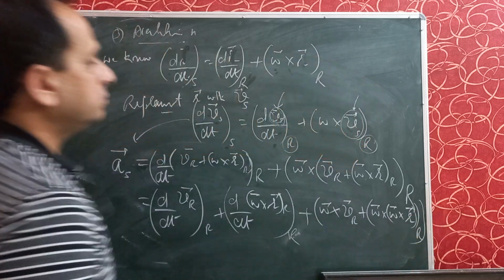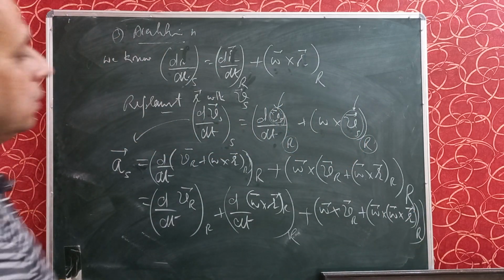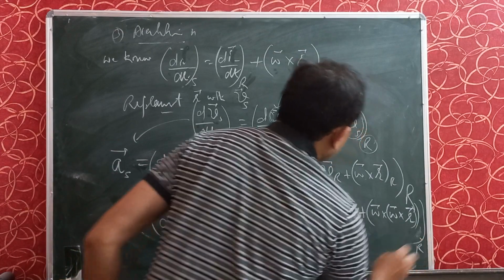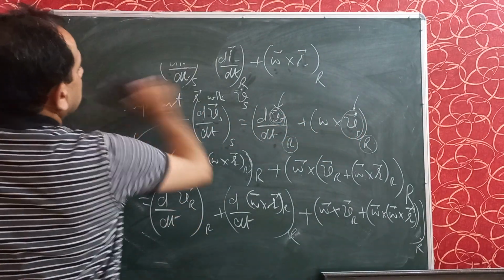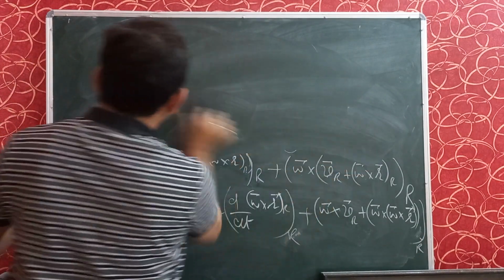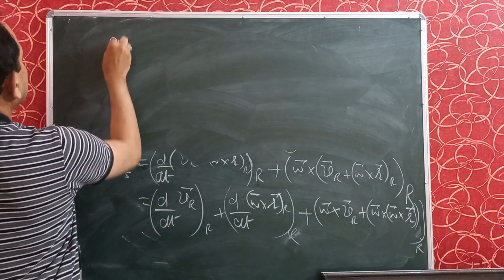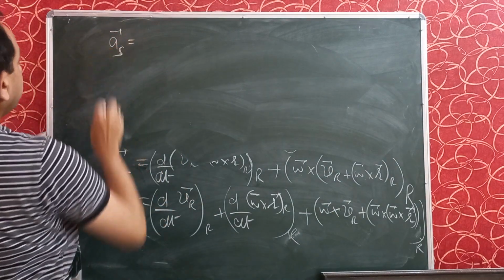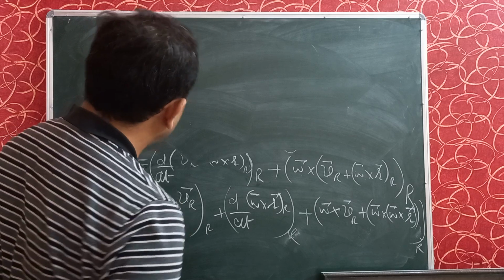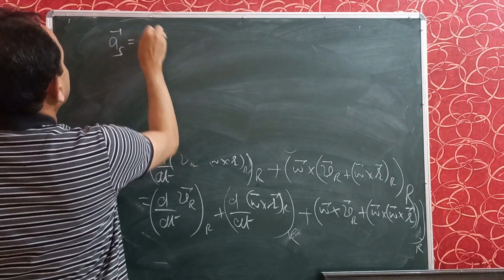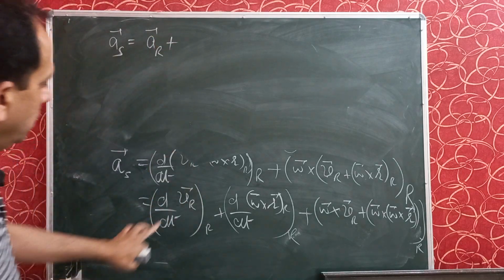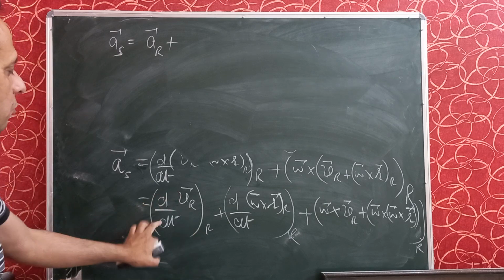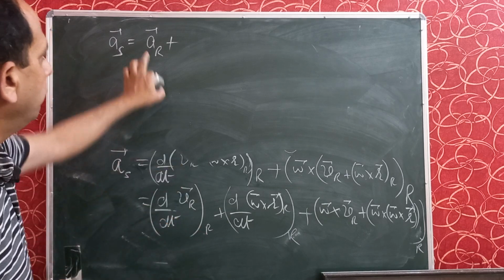So now the acceleration in the S frame, As, equals Ar, the acceleration in the rotating frame, because the derivative of velocity is acceleration in the R frame.